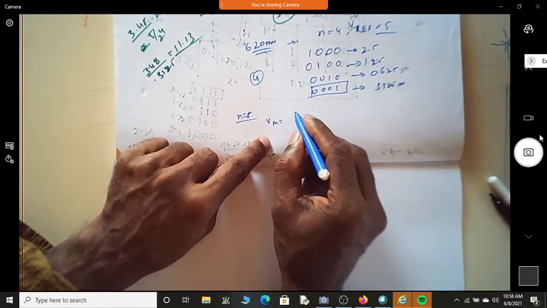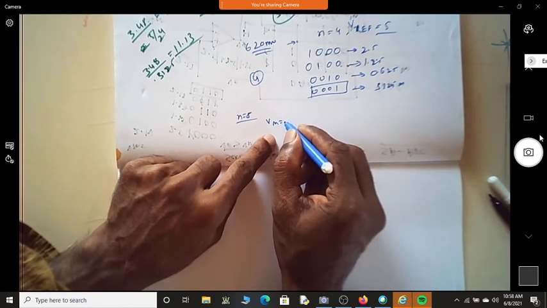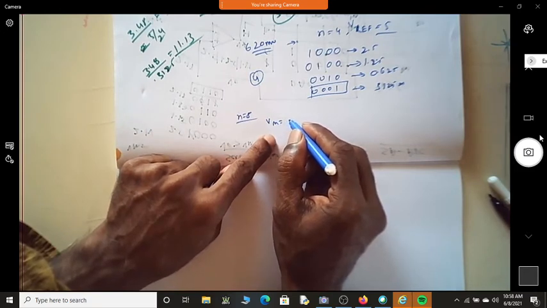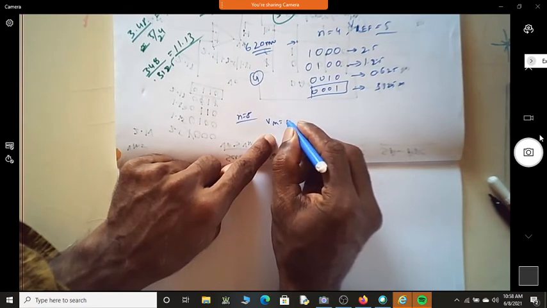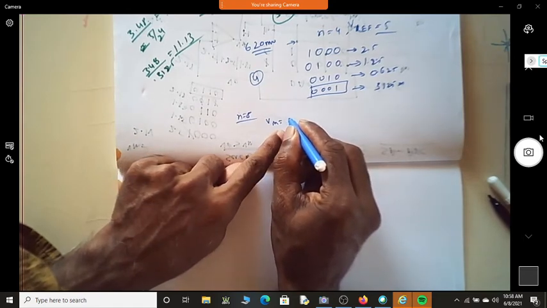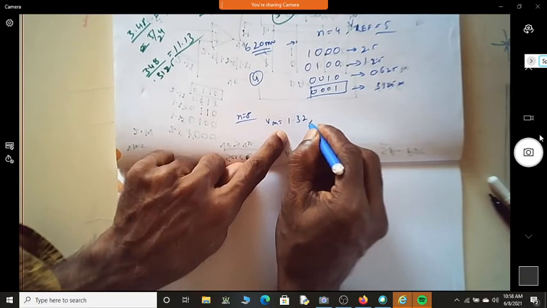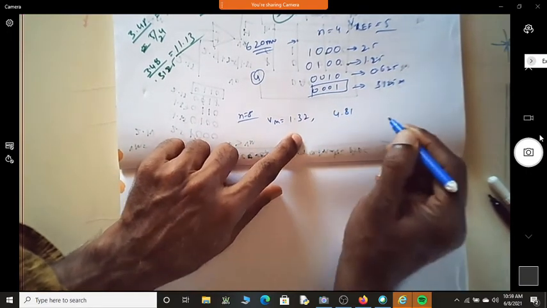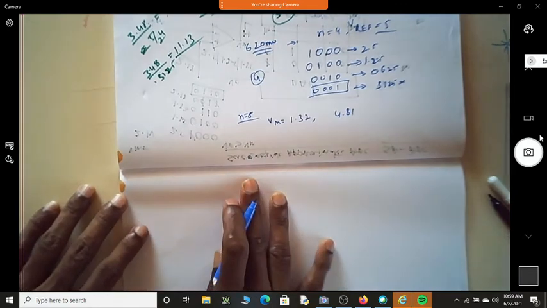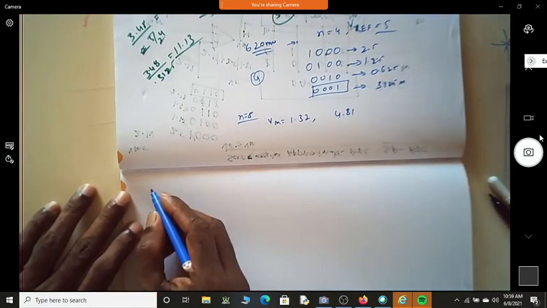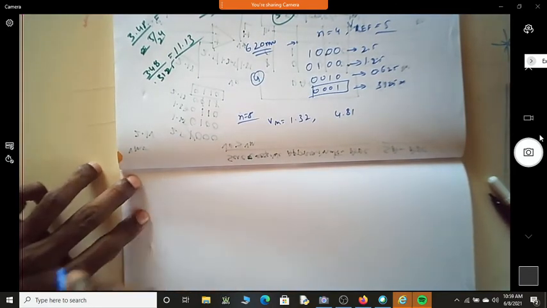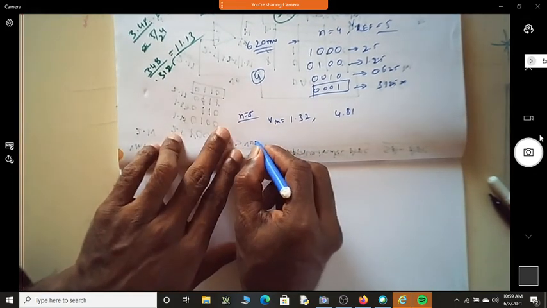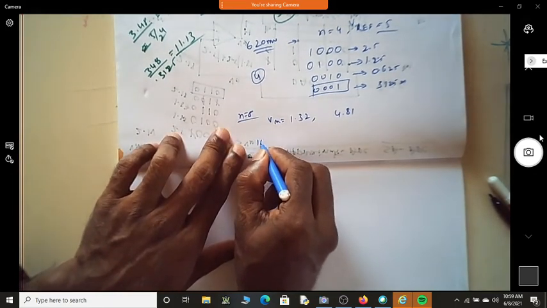Let us try to find out what will be the binary equivalent. Can you give me one value? 1.32 volt, and the next value is 4.81 volt. Correct? For n equal to 8 bits, what will be the LSB?